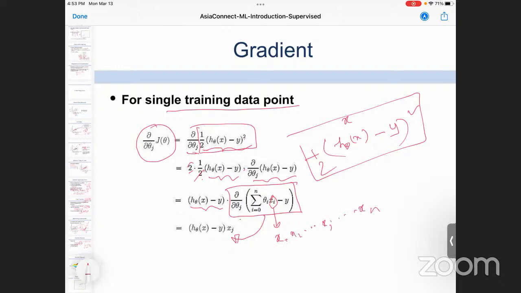Since you are finding the derivative with respect to theta j, only this term will remain and the other terms will be crossed out. So that's why the derivative is so simple here. Okay. So you can see this is proportional to the error. Error is h theta x minus y, just multiplied by the feature. So this is the derivative.